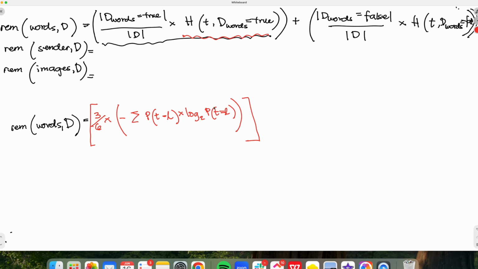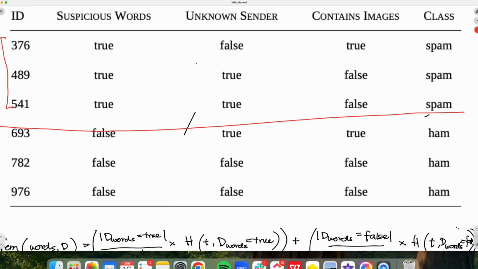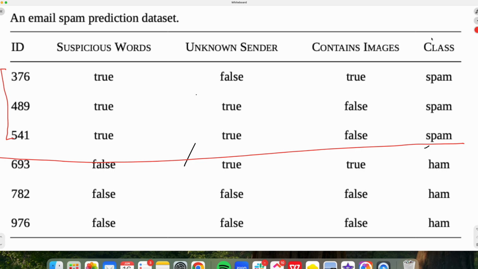Such that L is an element of the target feature which contains either ham or spam. Right? This is the target feature.